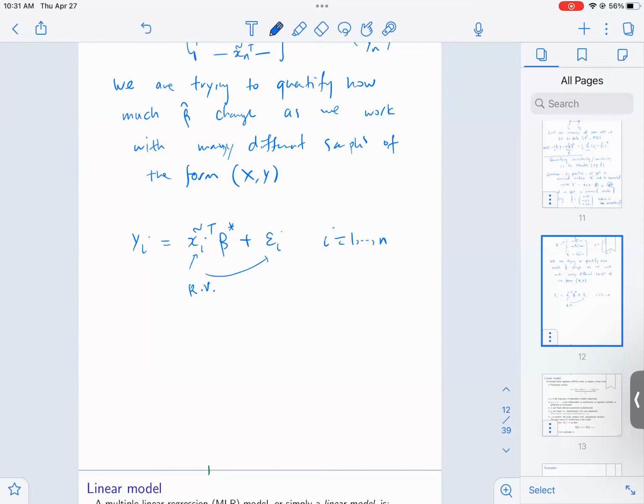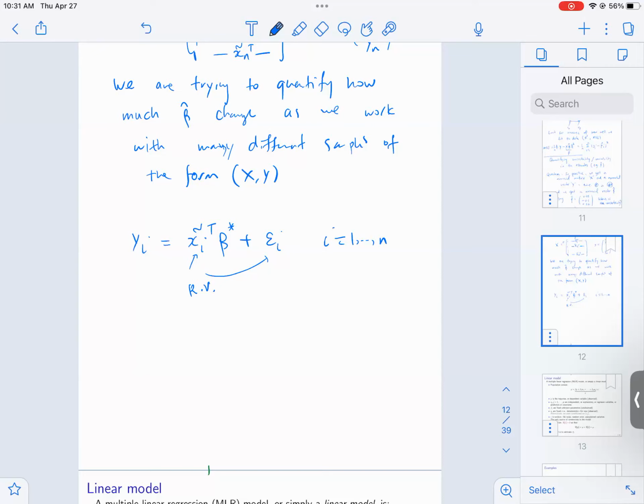Modeling these as random variables allows you to deal with this problem. Every time I collect a sample of size n, because this is random, I get a different set of x_i and y_i.